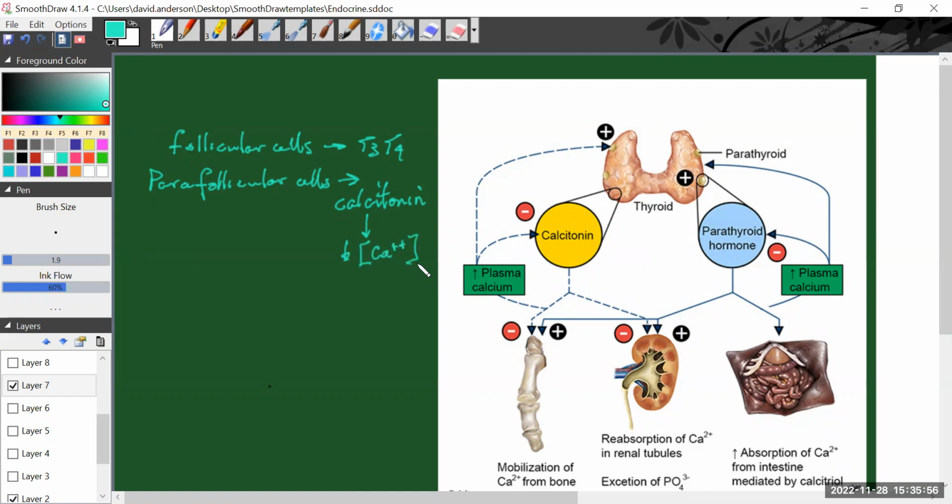Its name actually tells you it's going to tone calcium, so it's going to bring it down. Some additional cells separate from the thyroid gland, but attached to the thyroid gland, are illustrated here.